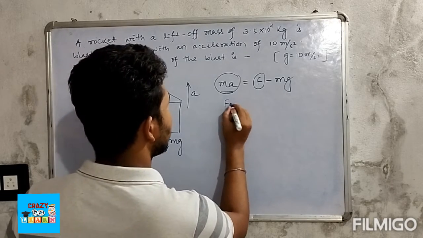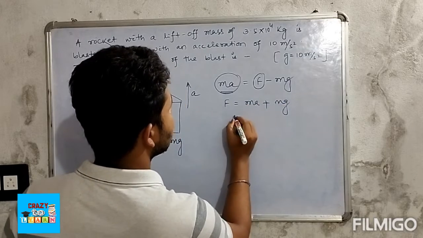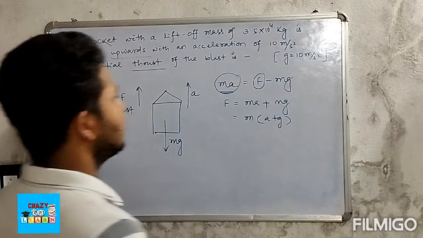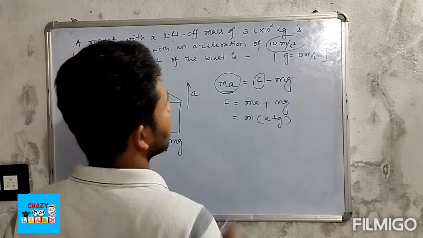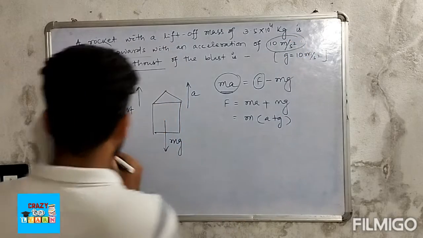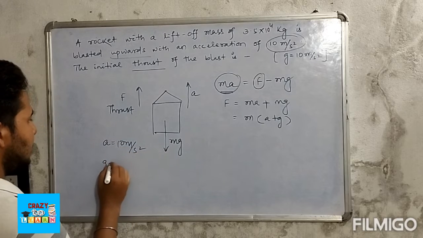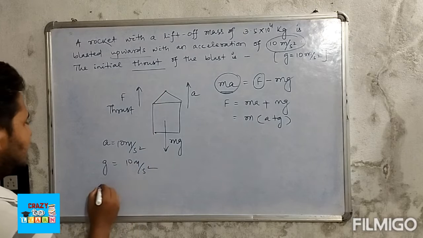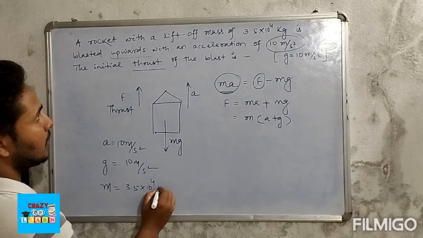So thrust F is equal to ma plus mg. If we take m as common, we get m(a plus g). Acceleration a is 10 meter per second square, g is 10 meter per second square, and the mass is 3.5 into 10 to the power 4 kg.